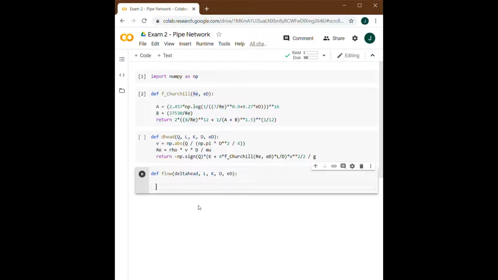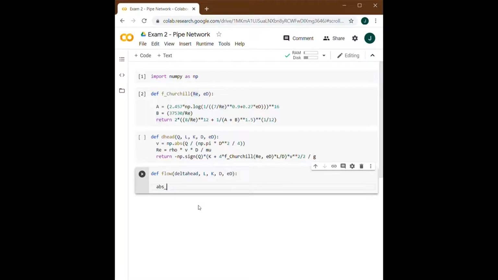The first thing we're going to do is take our delta head and make it positive, because we're going to need it to be positive later on. I will point out what I mean when we get there.